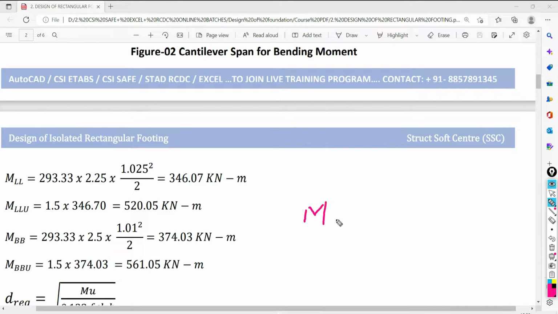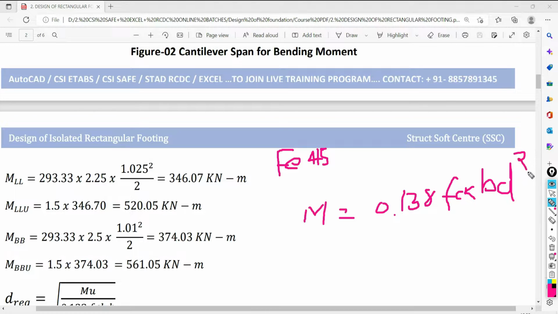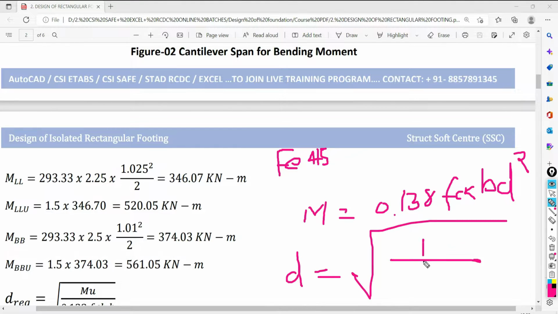Moment will equal 0.138 if your grade of steel is Fe415. In that situation, the formula for the moment will equal 0.138 fck b d square. This is the formula. If you would like to find out the depth, the depth will equal the square root of Mu, the ultimate moment, divided by 0.138 fck b.